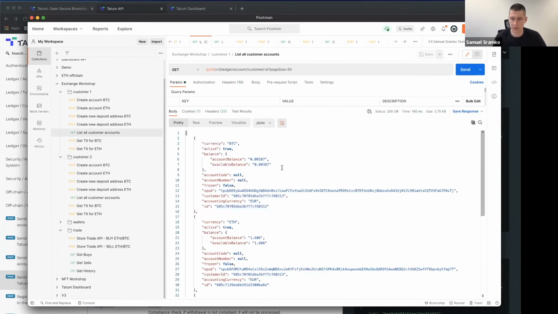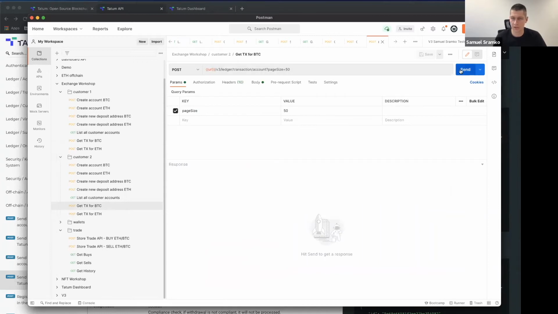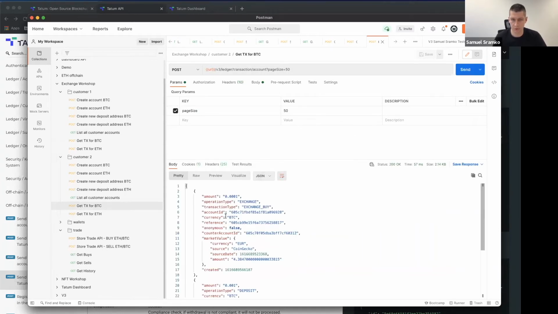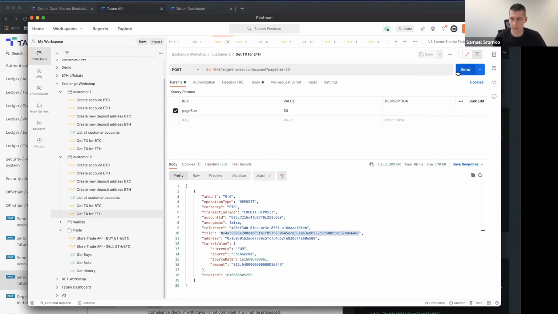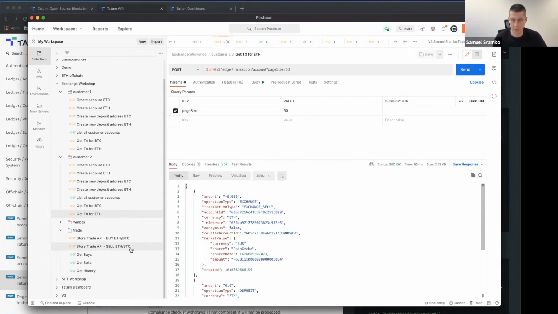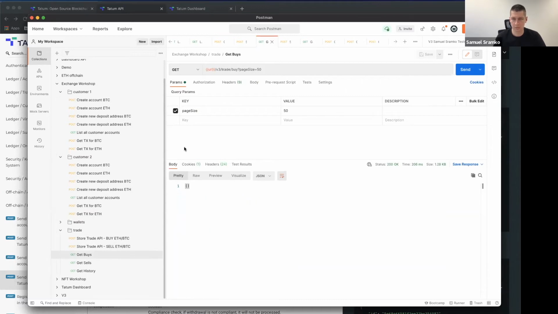And right now we can see that he sold some of his Bitcoins and he bought some of the Ethereums. Exactly the same thing has happened for customer number two. The only difference is that he bought Bitcoins and sold his Ethereums because he performed a sell trade. So there is no open buy, there is no open sell.